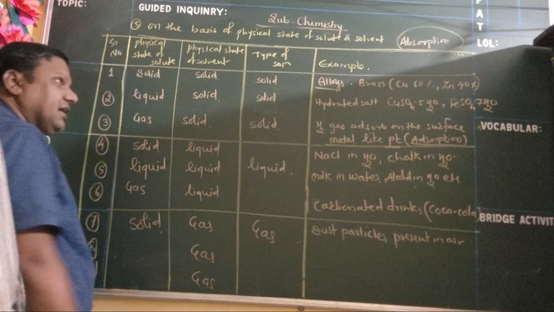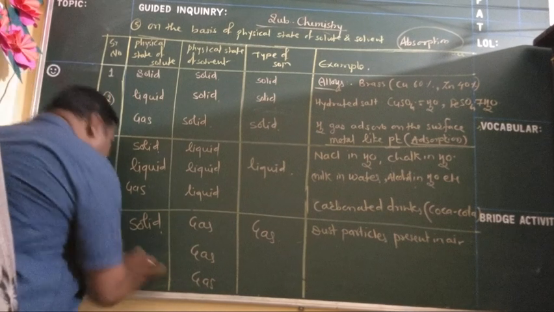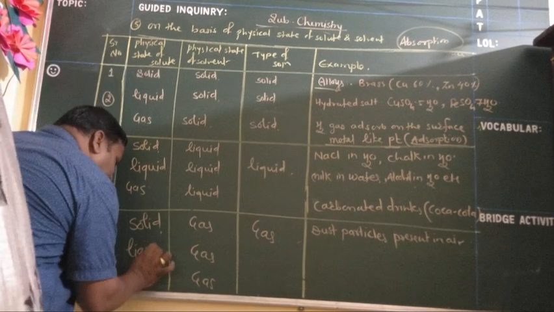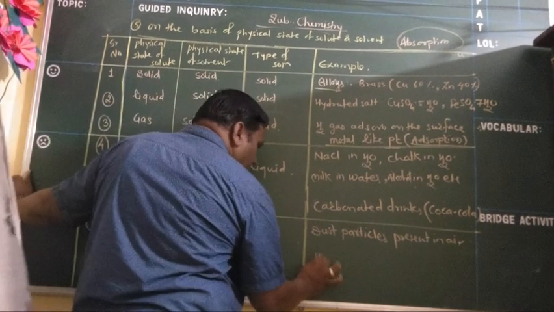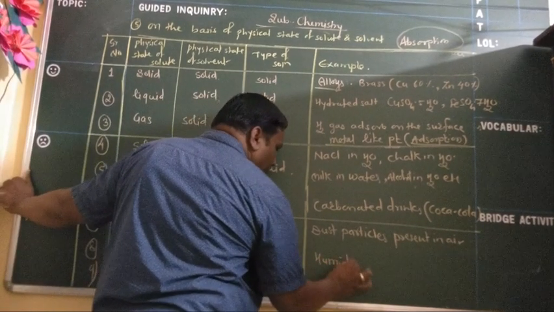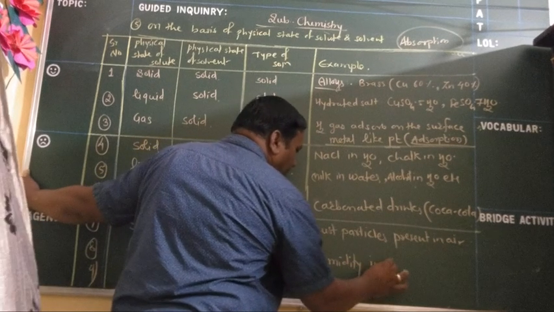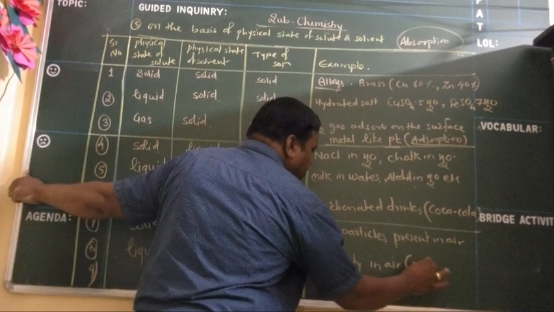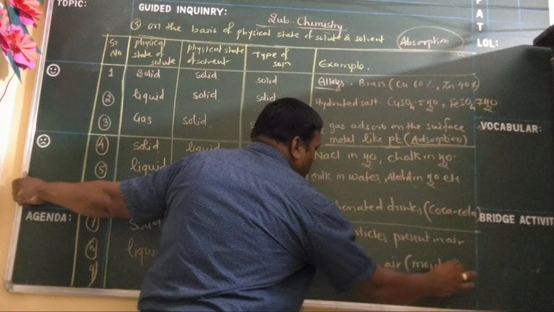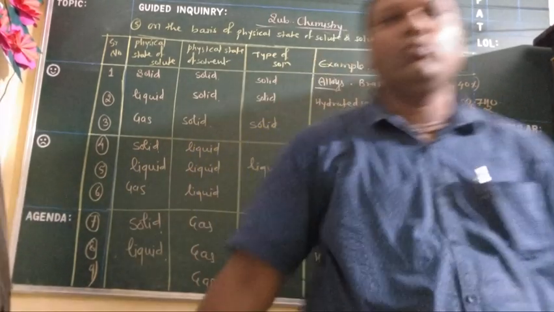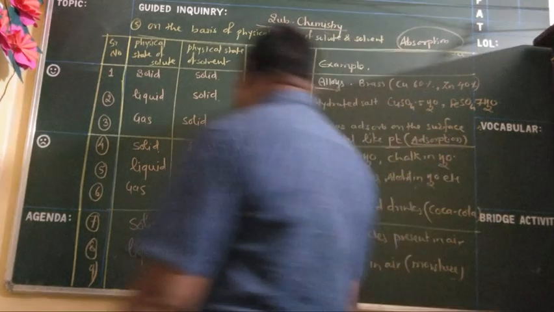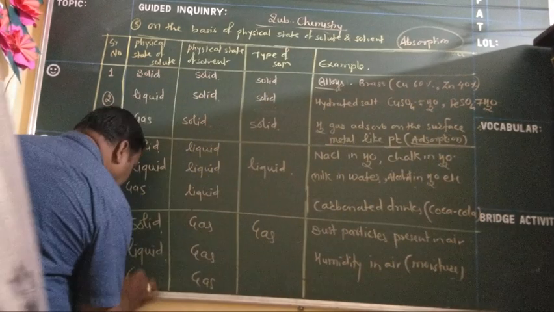Now the second one is liquid in gas. Liquid is in less amount, gas is in more. So it is humidity in air, that is moisture. When inside the air some water droplets are there, that is moisture, that is called liquid in gas. And last is gas in gas.